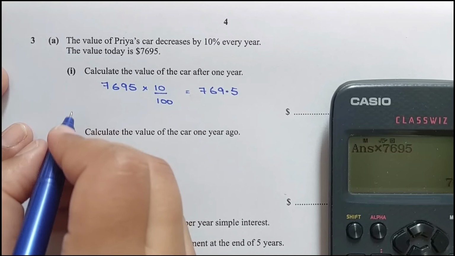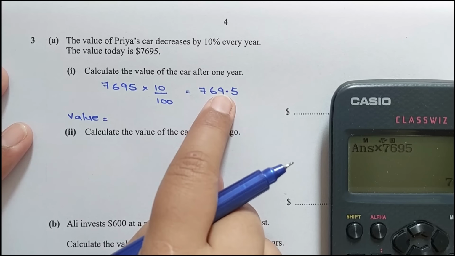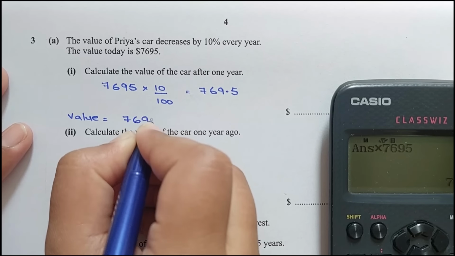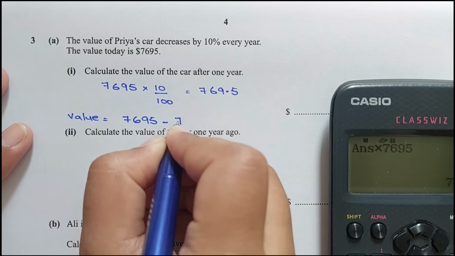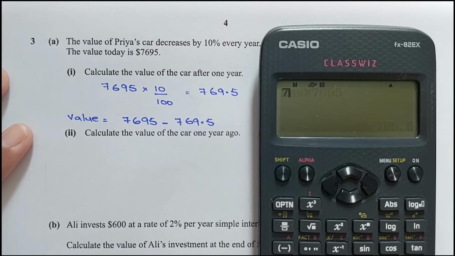769.5. Now let me find out the value of the car after 1 year. This is a 10% decrease, so from the value today we have to subtract the decrease. So 7695 subtract 769.5 is 6,925.5 dollars, right?